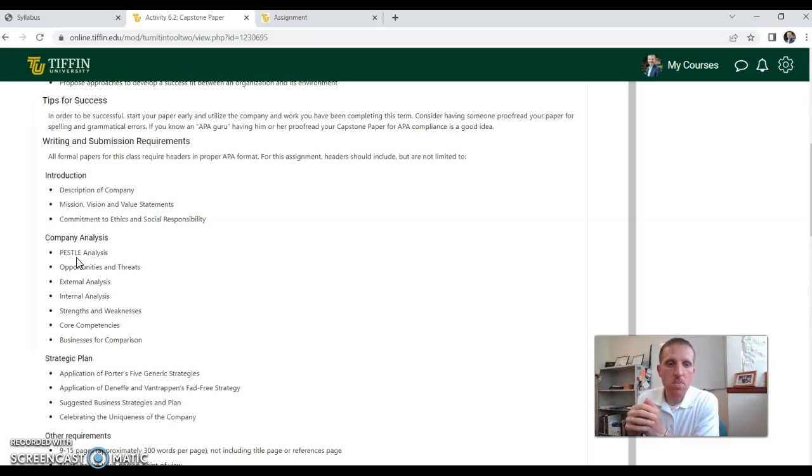the PESTEL analysis will be incorporated into the capstone paper, and the materials that will be used will be Smith & Smith, Jones & Jones, and so on, with in-text citations for the references that you've captured related to the PESTEL analysis.